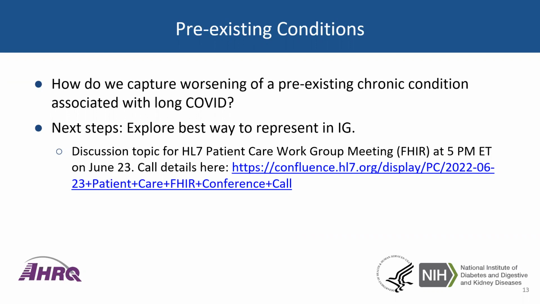So, being a kidney person, I'll use kidney disease as an example, where you might say, following long COVID, is there any change in UACR or eGFR, measures of kidney function and damage for the population?